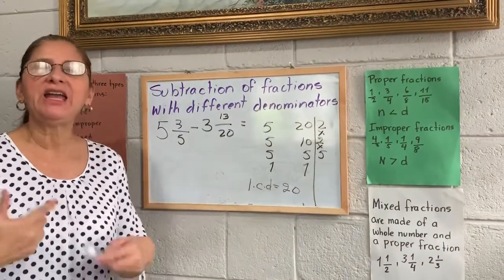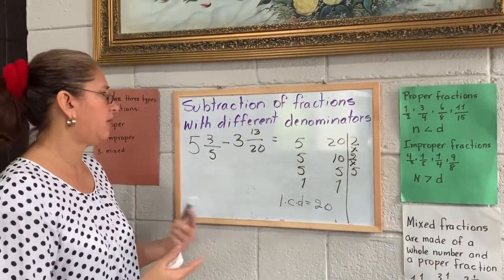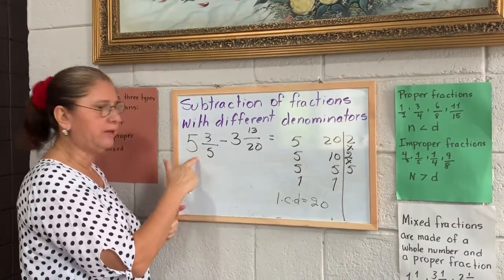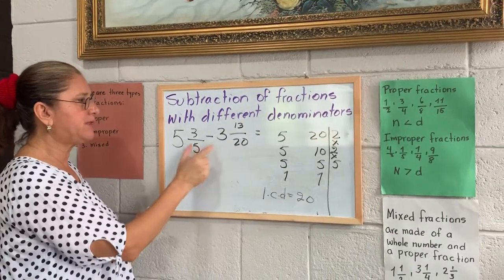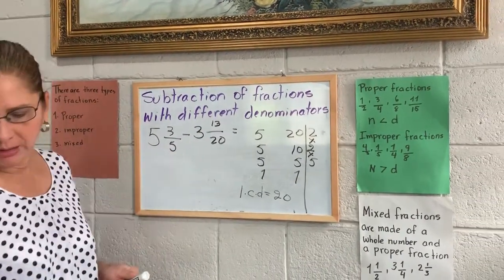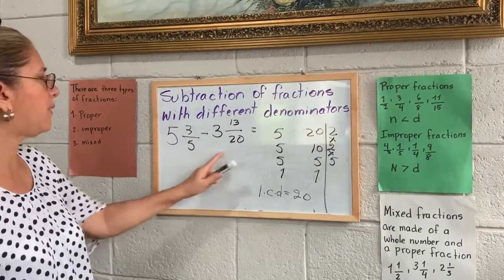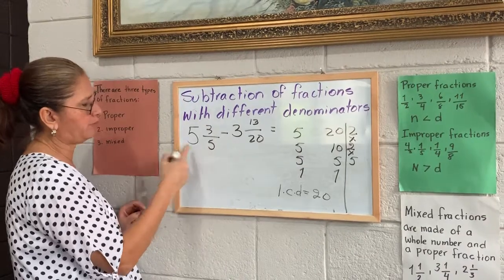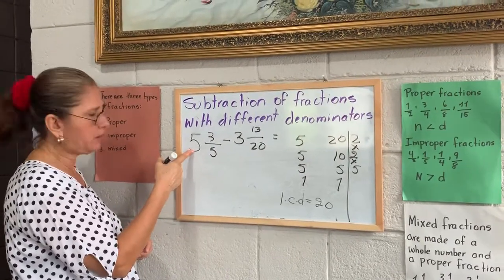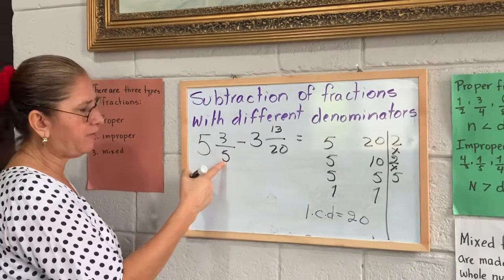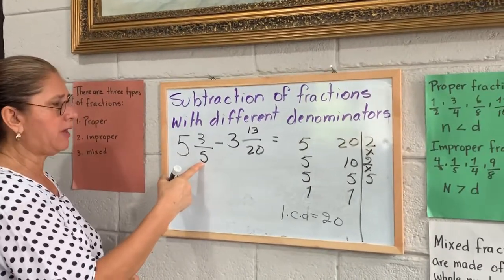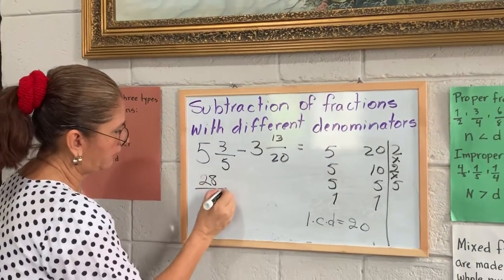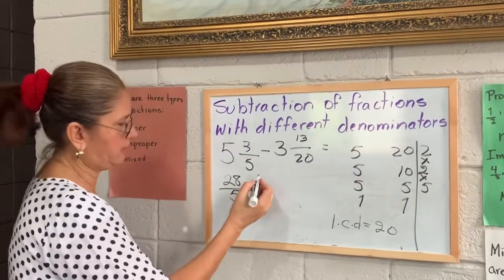Find equivalent fractions. But remember that, first of all, we have to change this mixed fraction into an improper fraction. I multiply the whole part by the denominator: 5 times 5, 25, plus 3, 28, and I write the same denominator.